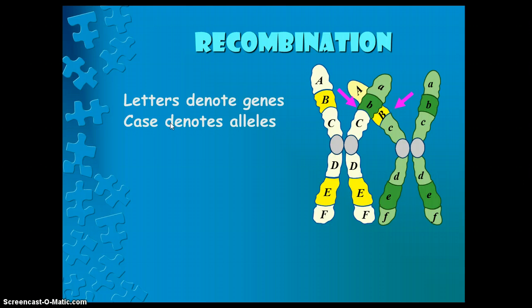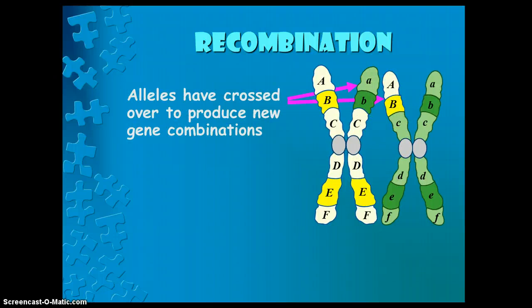letters denote genes, the case denotes allele, and alleles have crossed over to produce new gene combinations. Okay, so alleles have crossed over to produce new gene combinations. So what this showed us was these genes right here were originally on this sister chromatid.